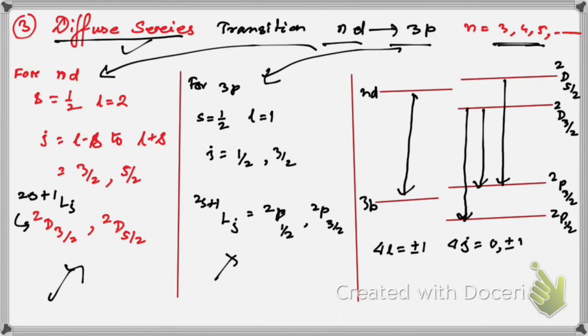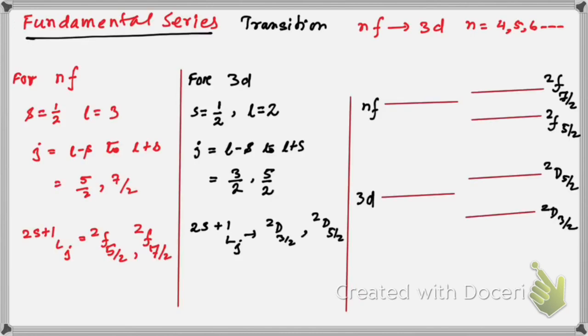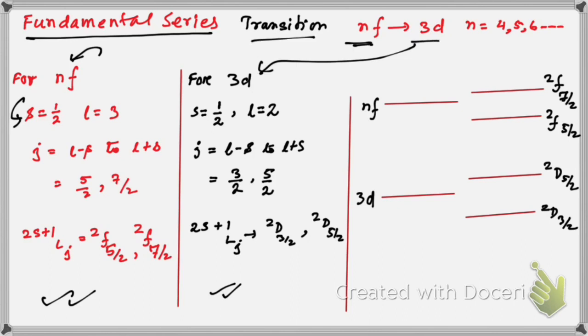So now let us go to the next and last series, that is the fundamental series. So this is the higher energy level, and we have got the corresponding values of s, l, and j, and this is the lower energy level, right? Here the transition takes place from nf to 3d, and these are the values of n.